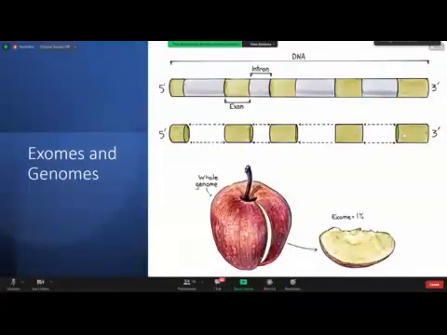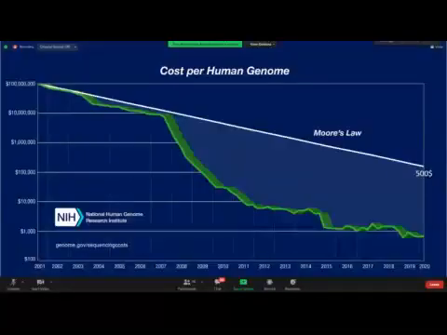Okay, good. Now next we move to whole genome. Now there are some very, very interesting things. If you know, the Human Genome Project was a $2.7 billion project. And that was that we wanted to sequence the whole human genome. And it took 15 years for researchers from multiple countries and hundreds of labs doing that.